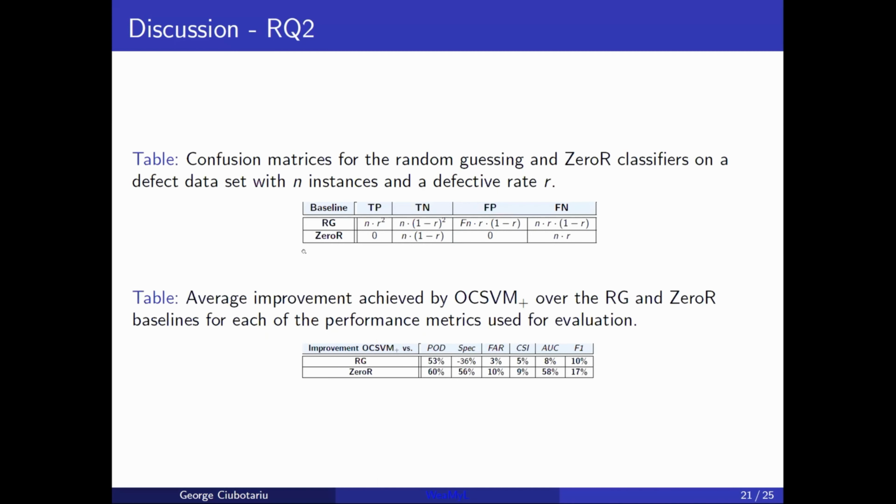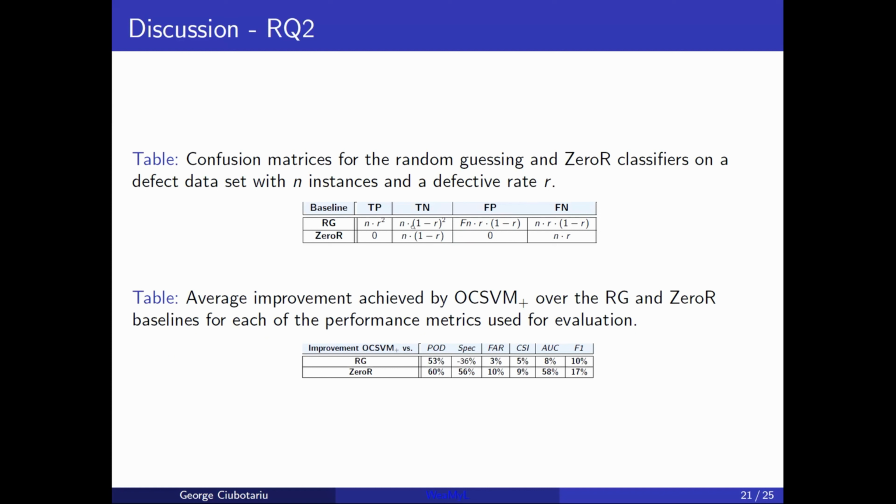Another thing to consider is that we have two hypotheses, one of random guessing, that returns a positive, a defect, in accordance to the defective rate R, or a non-defect.